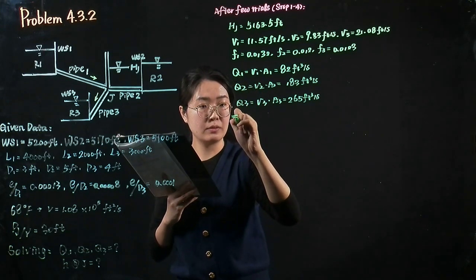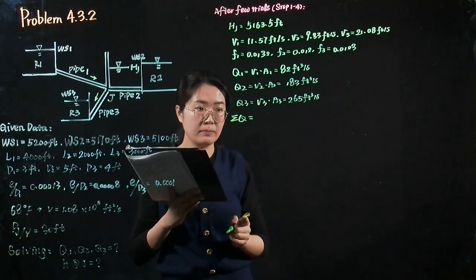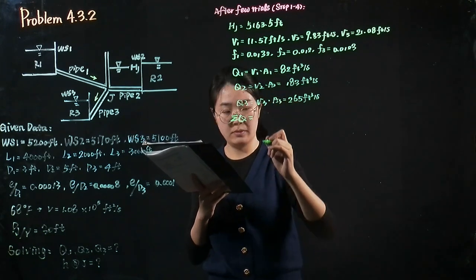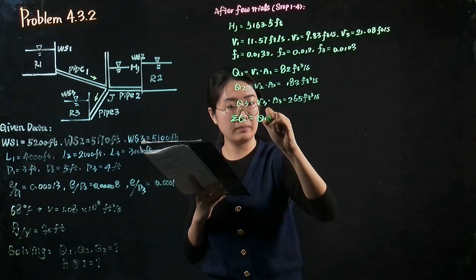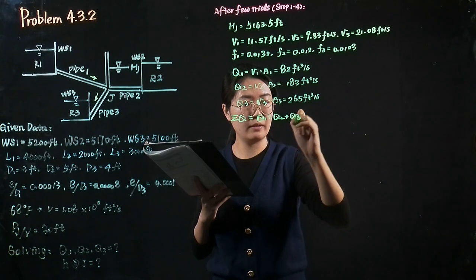And total flow rate at the joint point equals to Q1 plus Q2 plus Q3.